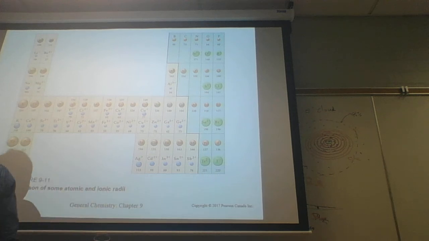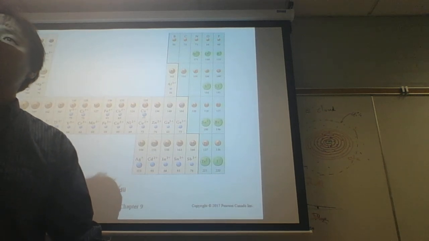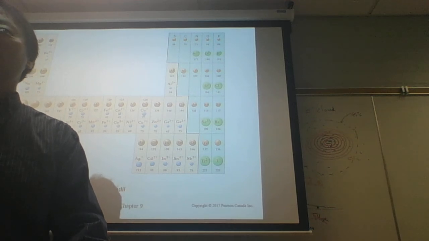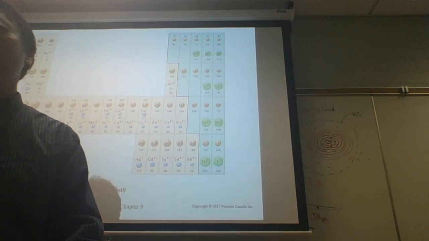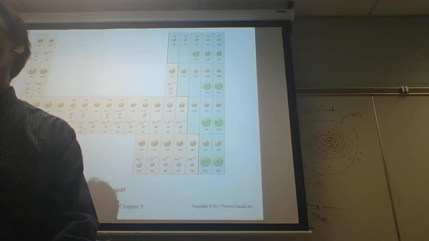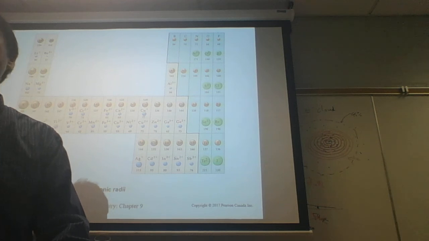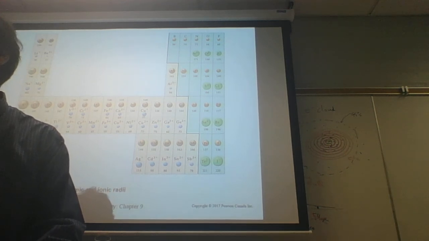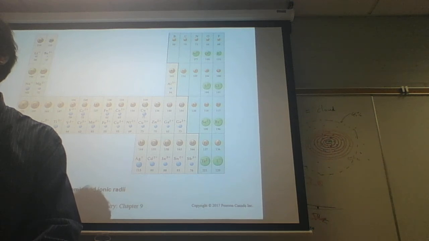Smallest atom is what? Is the smallest atom hydrogen or is the smallest atom helium? You tell me. It's got to be hydrogen, right? Hydrogen is only one proton, one electron, but helium is 2 protons, 2 electrons, so it's going to be hydrogen, right?